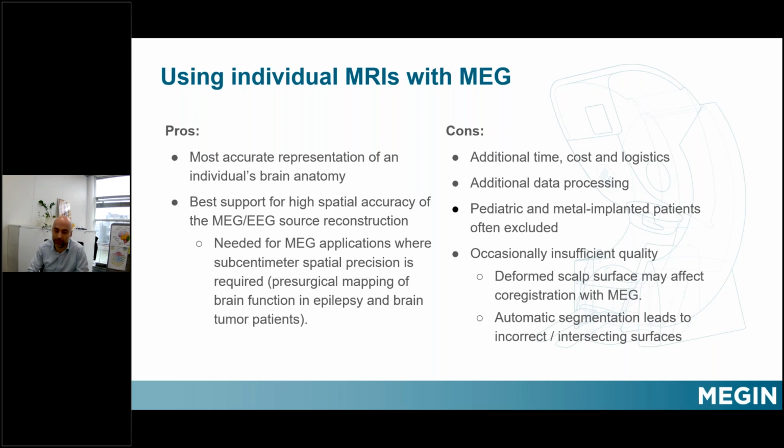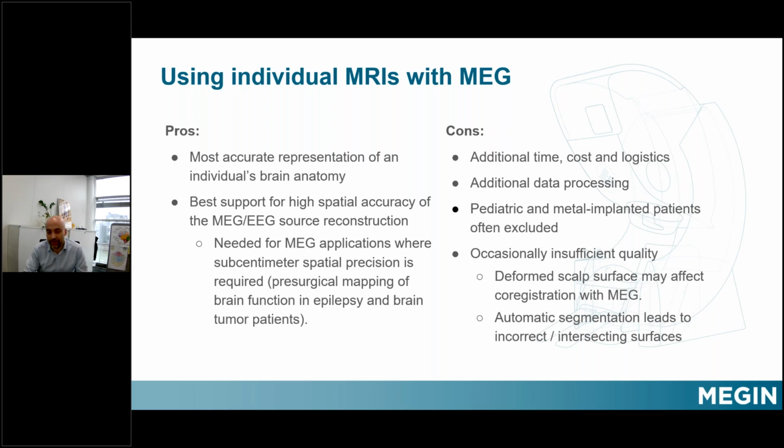Also, with pediatric patients or subjects, it may not always be possible to acquire an individual MRI because of ethical considerations. Also, if a patient has metal implants, those might be contraindications for an MRI. So then we would need to do without an individual MRI.